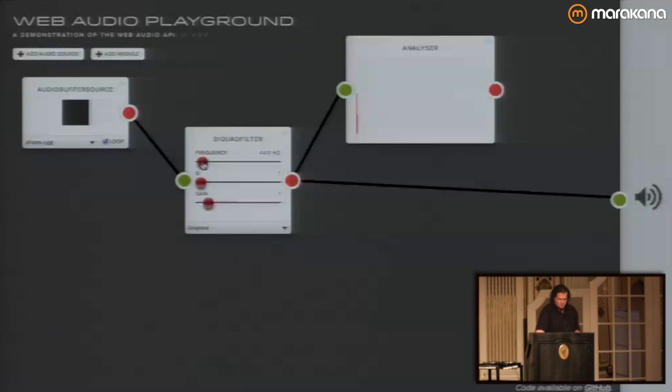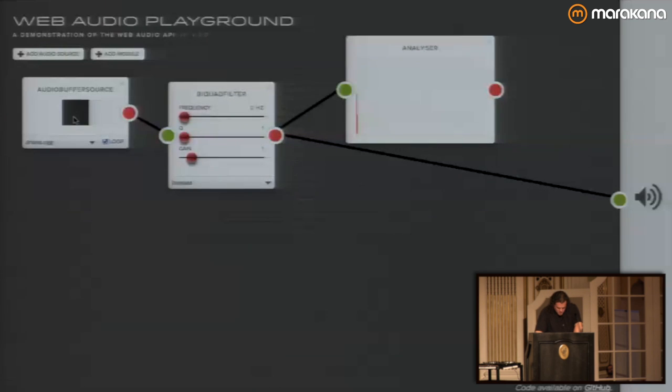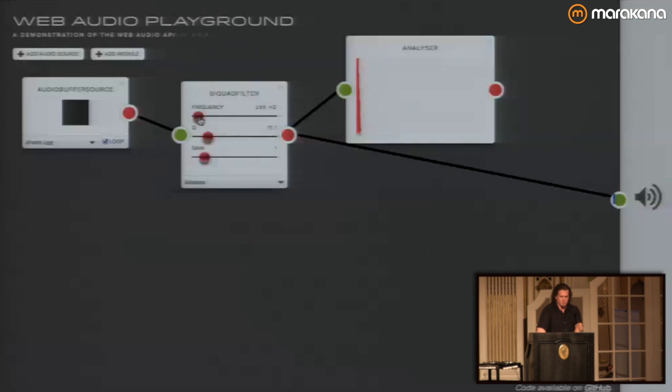And let's loop this. Interestingly, that doesn't seem to be going through there. So the gain in this filter type shouldn't matter, actually. There we go. Now you can hear the filter in there.